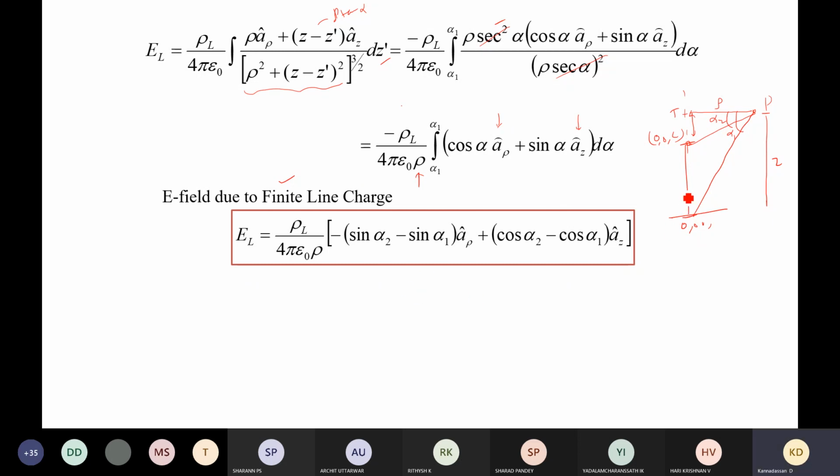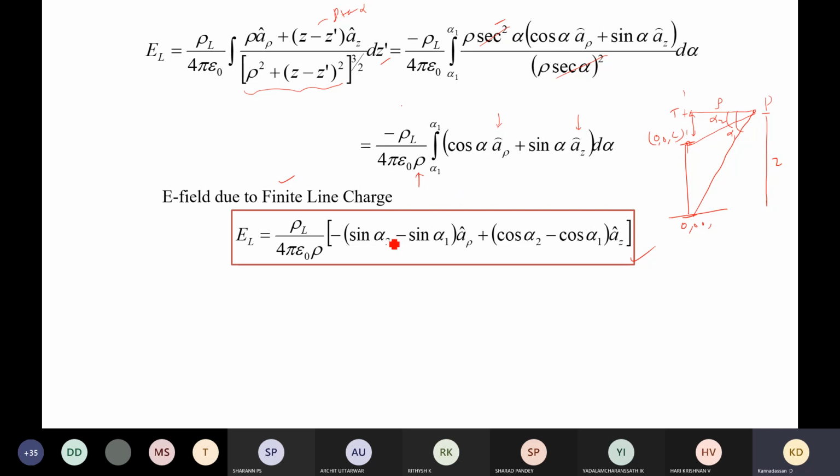If the position of this line is not mentioned, simply it is mentioned as the length of the line is L, like that. But if it is clearly mentioned with positions, then the starting point and the end point, if it is known, very well and good, we can easily use this directly. So this is for the finite length of the line.